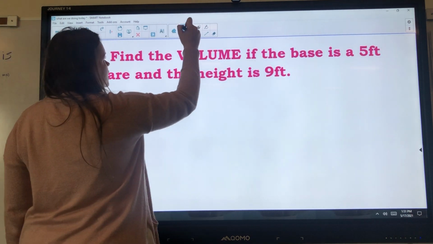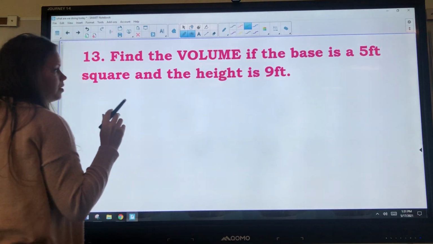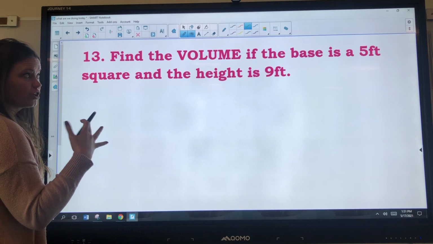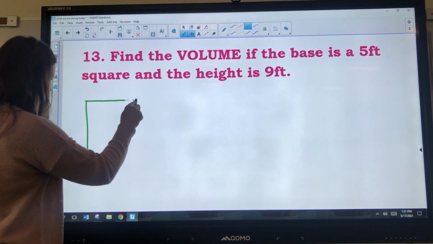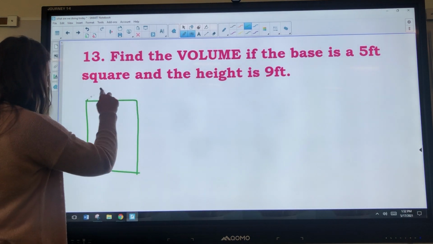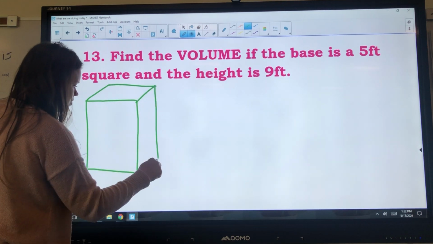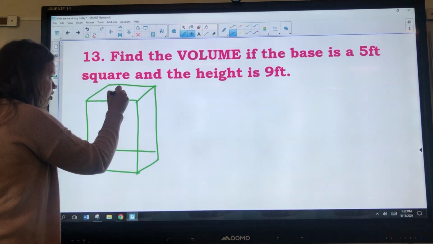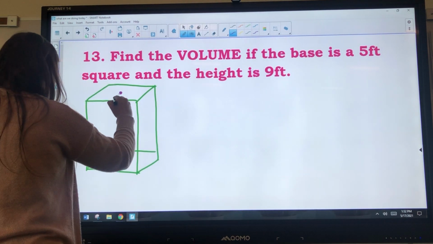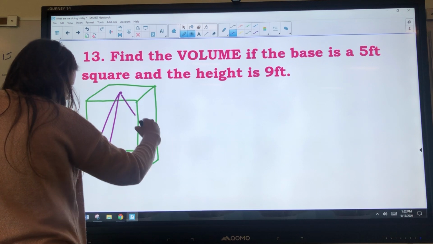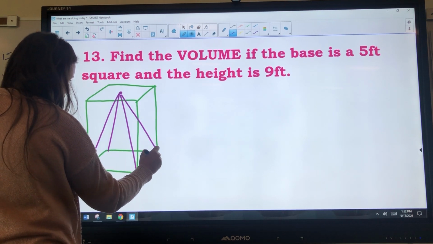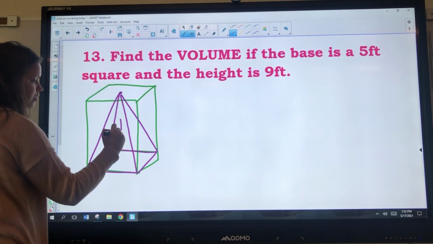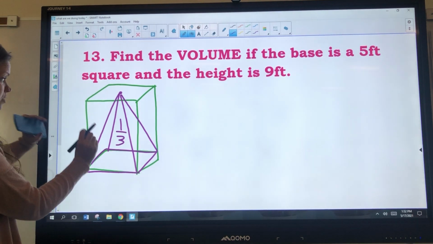Okay, the volume formula is, remember the day that a cone fit inside a cylinder and took up a third of the space? Same thing here. If you have a rectangular box and you put a cone in it that touched the top and had the exact same shape bottom, it would fill 1/3 of the space of that box.